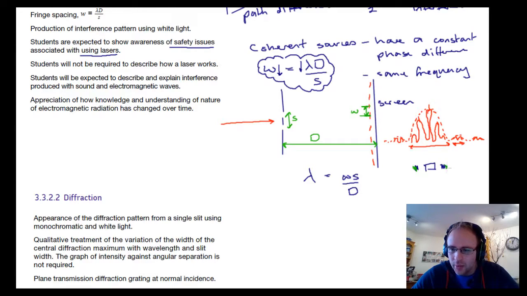You get different resolving powers for different slit separations, but we get spectra, and I'm going to spread it out even more, with blue on the inside and red on the outside.